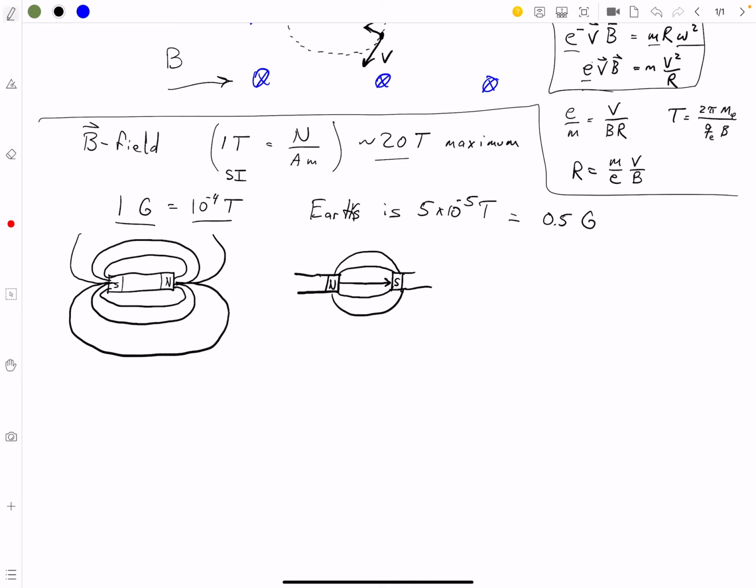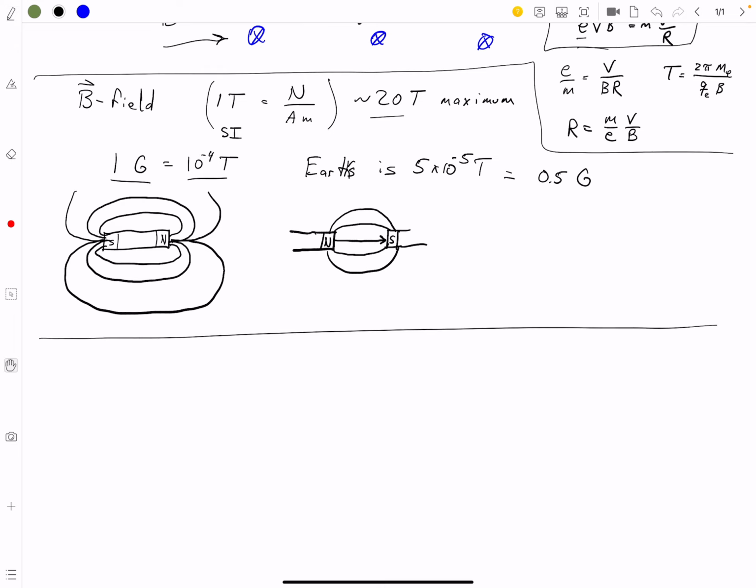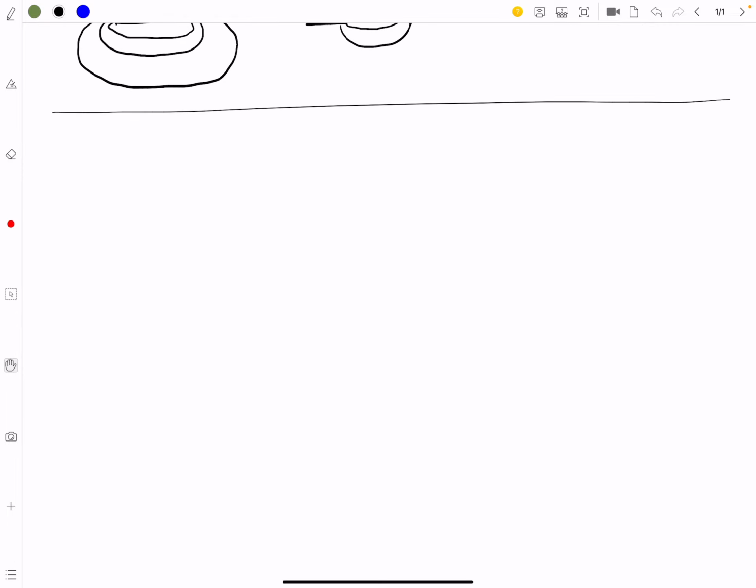Now, we did this in class. We can do it again. Simple. We've got a simple situation. What is our situation? Let's draw it out. We've got two wires that are hanging.